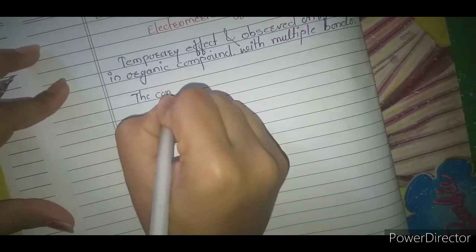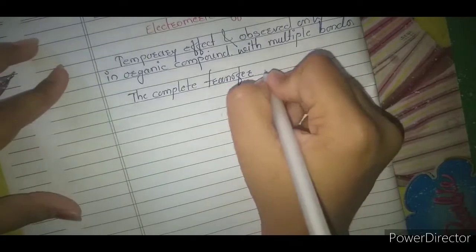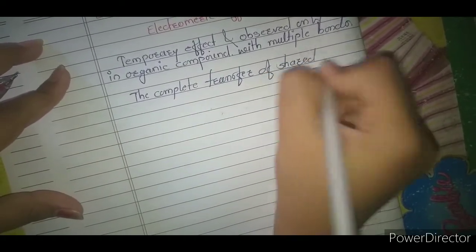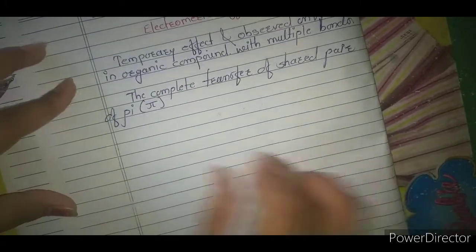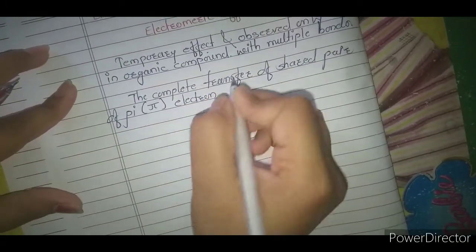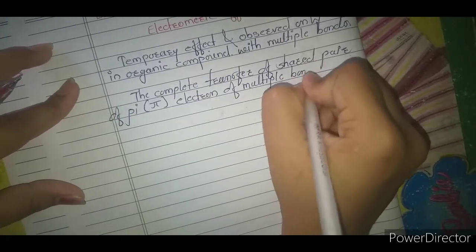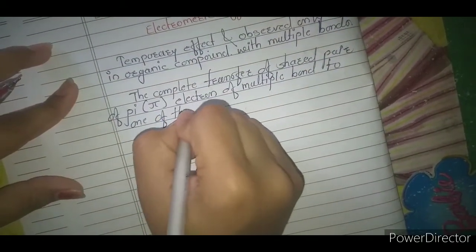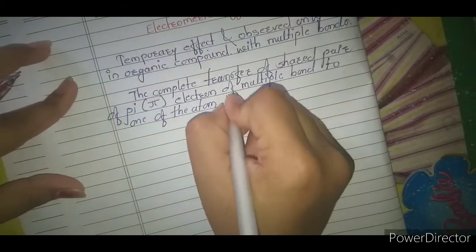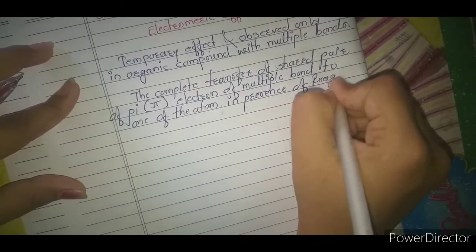In the electromeric effect, what happens? The complete transfer of the shared pair of pi electrons of a multiple bond to one of the atoms in the presence of a reagent.